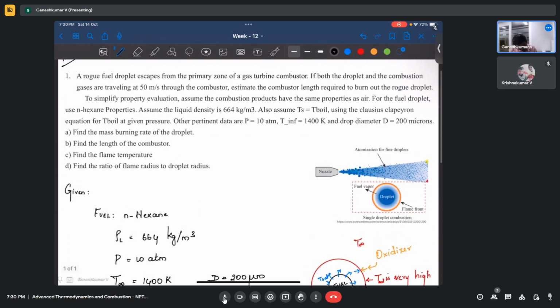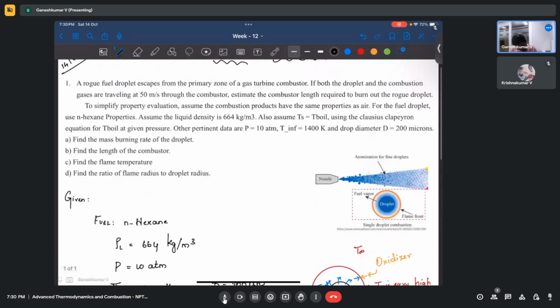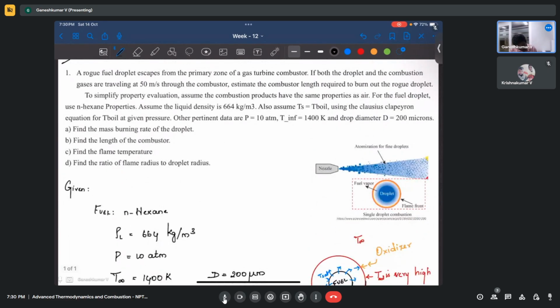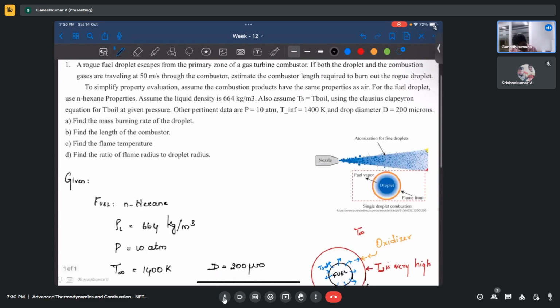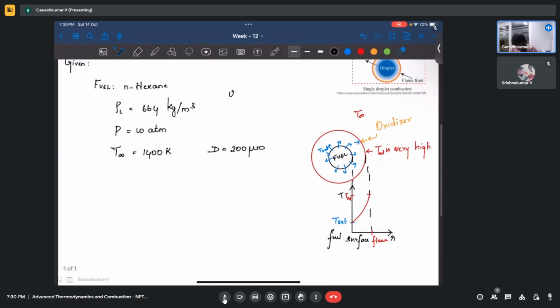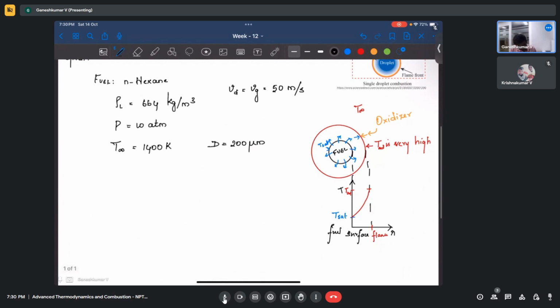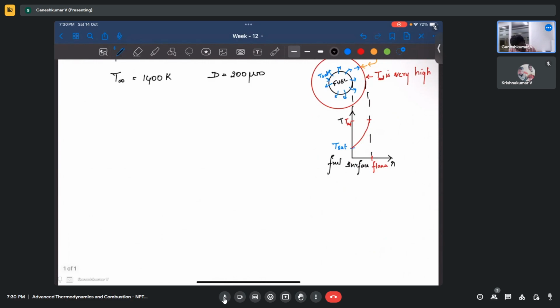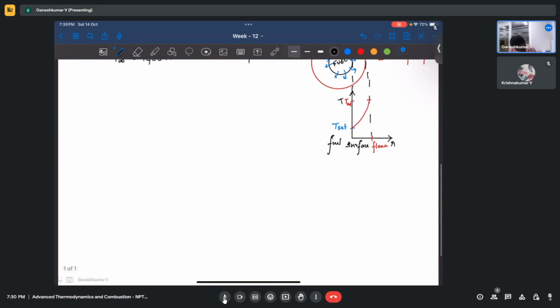And another thing: the gas and the droplet both move at 50 meters per second. All right, let me quickly draw what I'm trying to say here. Let's say this is our combustor, and we have a nozzle over here.